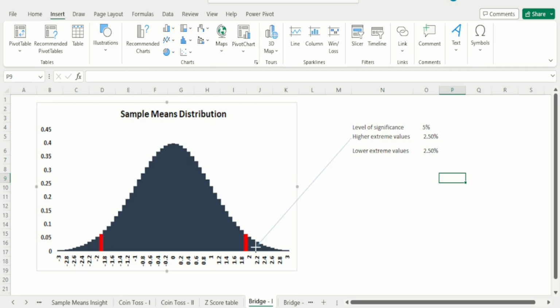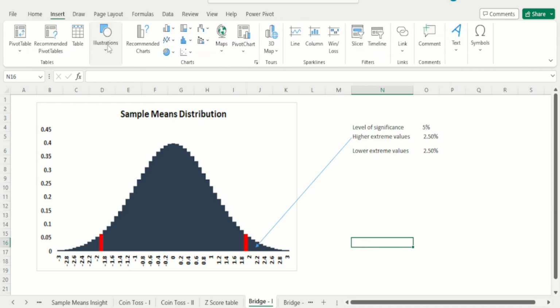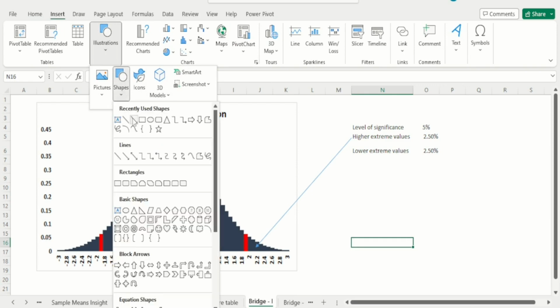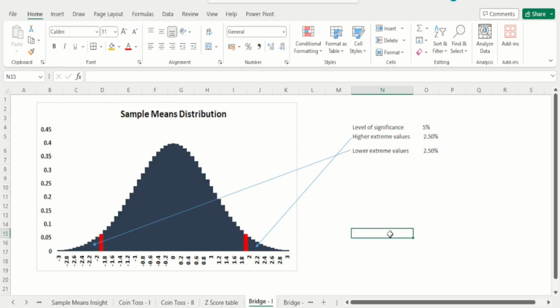This section that you see on the diagram represents the higher end of the extreme values, the 2.5%. And then similarly, for the lower end, this part right here represents the lower set of extreme values, the 2.5%.